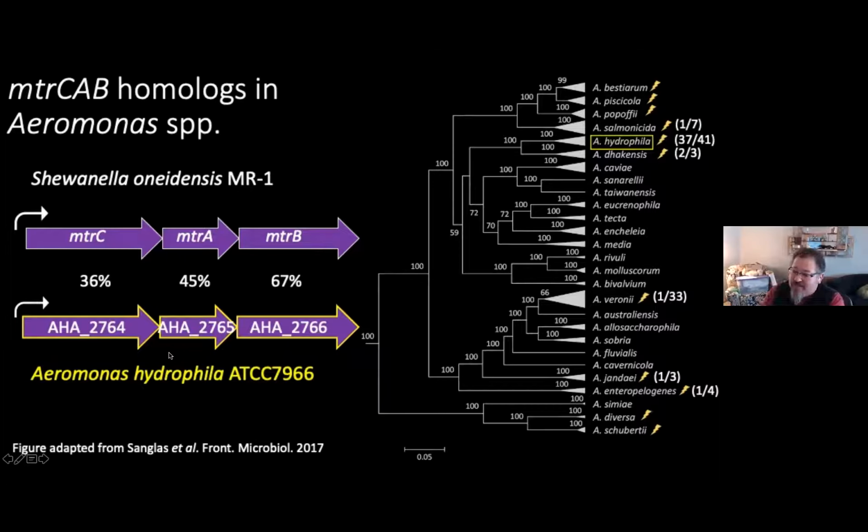Looking across the different Aeromonas strains that have been sequenced, the little lightning bolts represent where we see this pathway. And most of the hydrophila isolates, of which at the time that we did this, a few years ago, there were 41 complete genomes, almost all of them had this pathway.